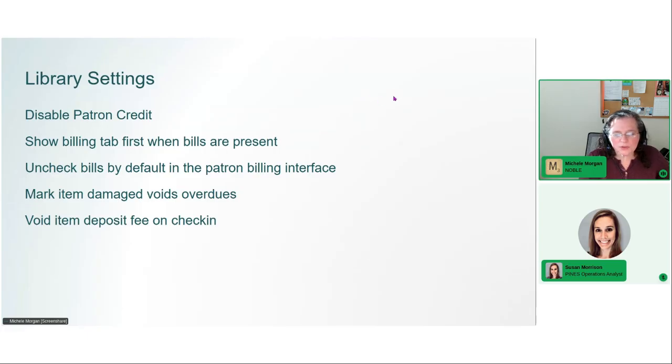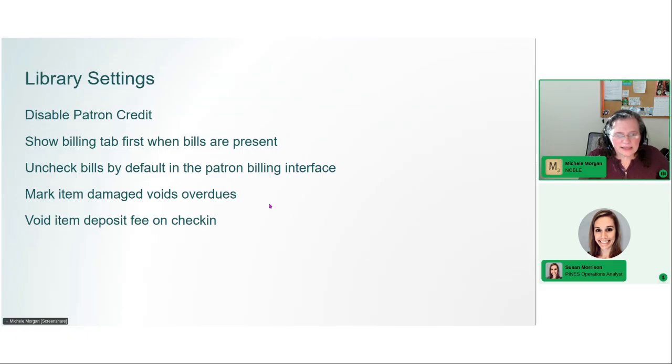This can be useful if you don't want to have the replacement costs, the costs for items, selected by default, and have a more conscious selection of lost items. So this setting, mark item damaged voids overdues. This is a situation where the patron has a book out, it's overdue, so there are fines attached to the transaction, but the book is damaged and the item has to be marked damaged.